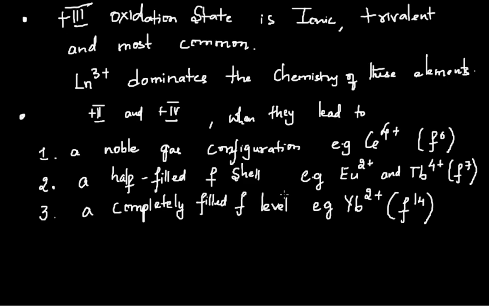Plus 2 and plus 4 can exist when these lead to the following three configurations. Having said that, plus 2 and plus 4 oxidation states are always much less stable than the plus 3 oxidation state. Note that Ln2+ and Ln4+ are always less stable than Ln3+.